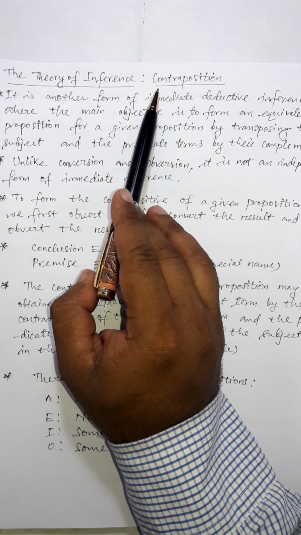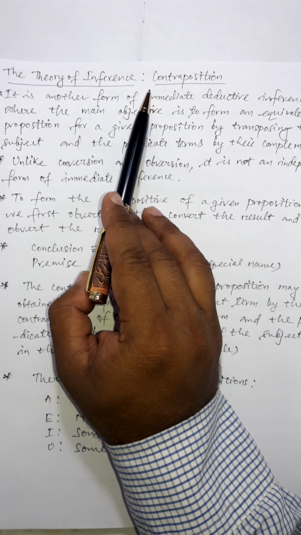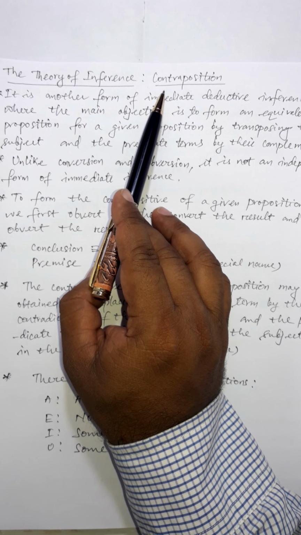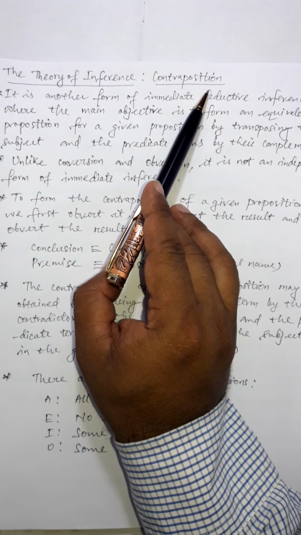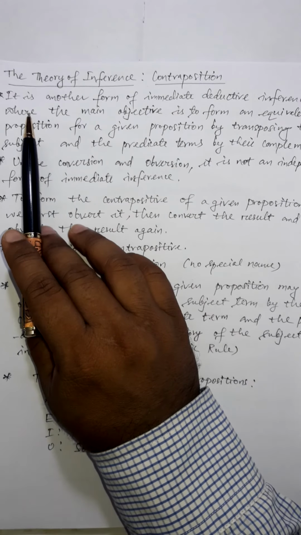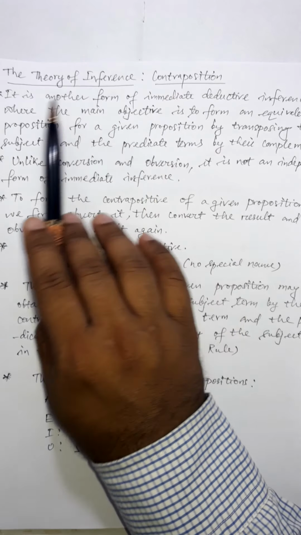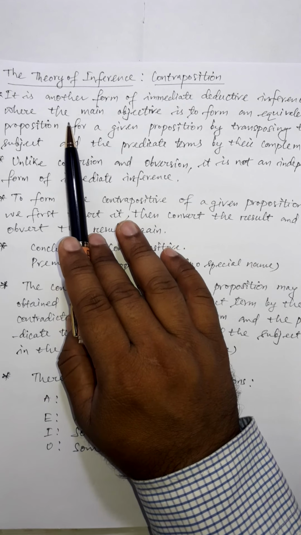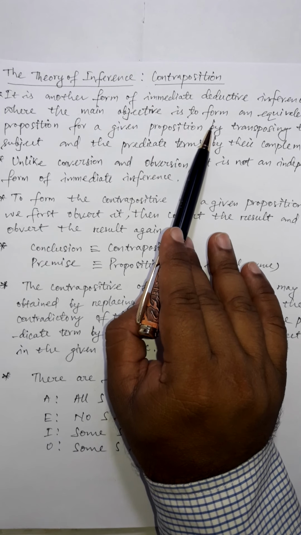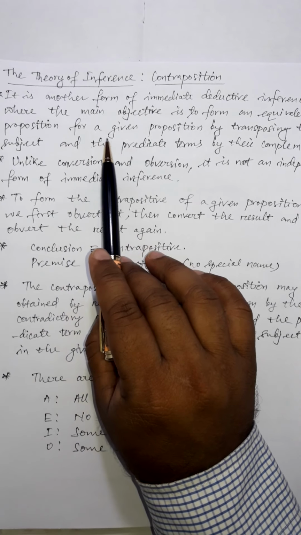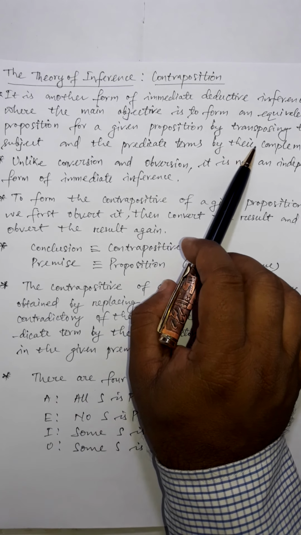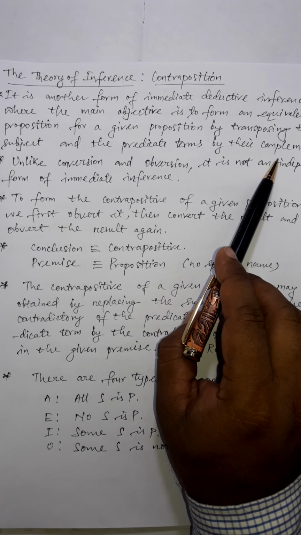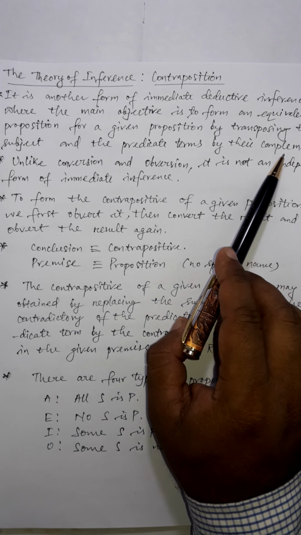Before contraposition, we have discussed conversion and obversion. So, contraposition will be today's topic of discussion. Now, what is contraposition? We can say it is another form of immediate deductive inference where the main objective is to form an equivalent proposition for a given proposition by transposing the subject and predicate terms by their complements.